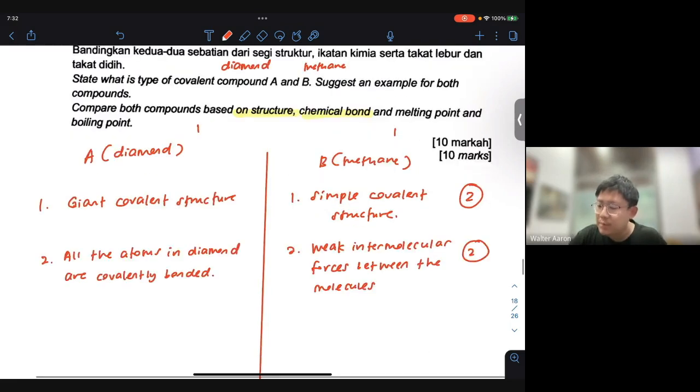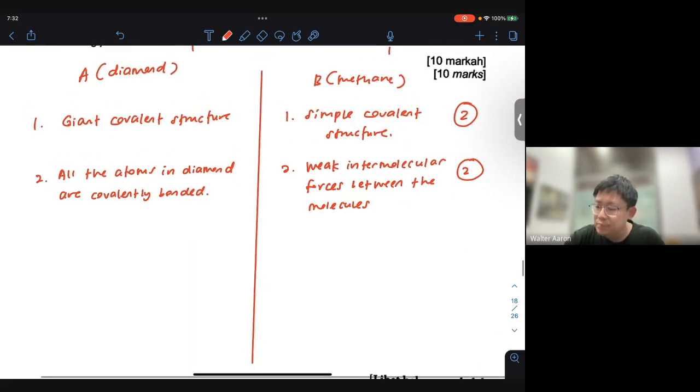Right, and I ask you to talk about the melting and boiling point. The third one you see here, high melting and boiling point.